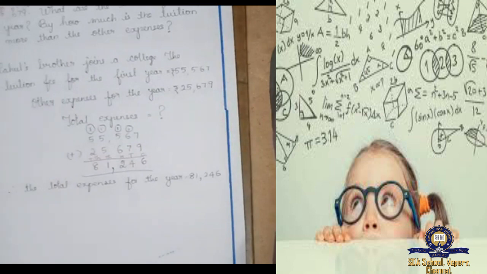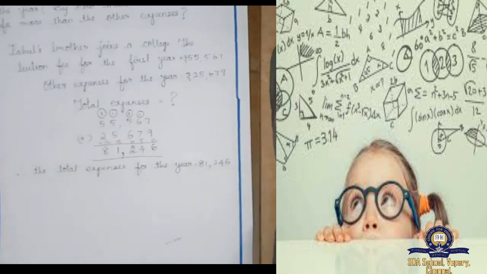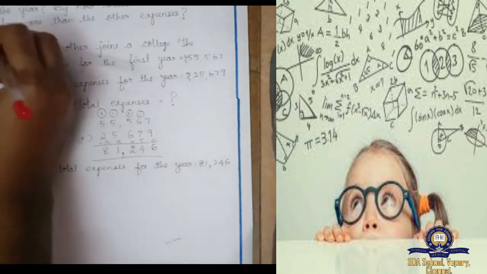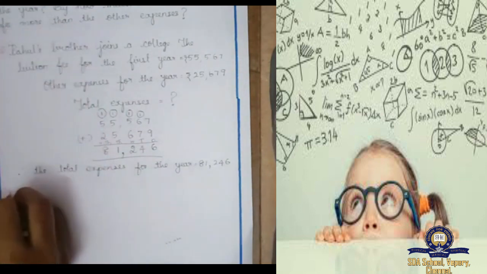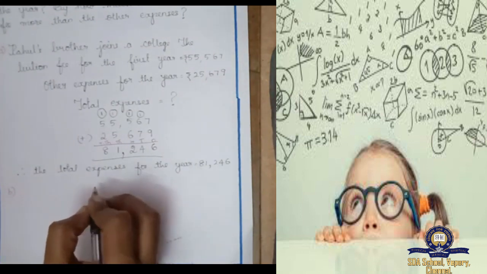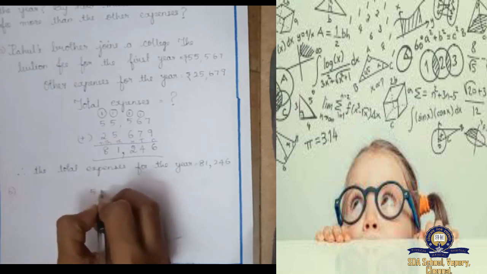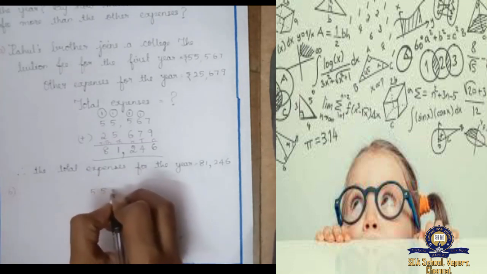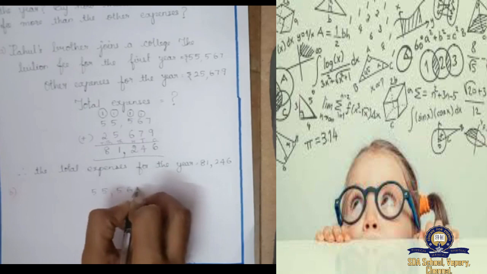By how much is the tuition fee more than the other expenses? By how much? What we have to do? We have to subtract. First we have to write this is A question and this is B question. Okay, so first we have to write the minuend, that is 55,567.